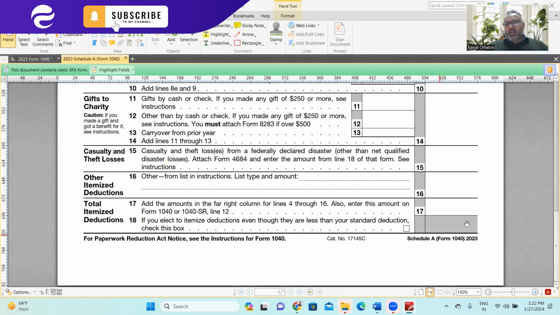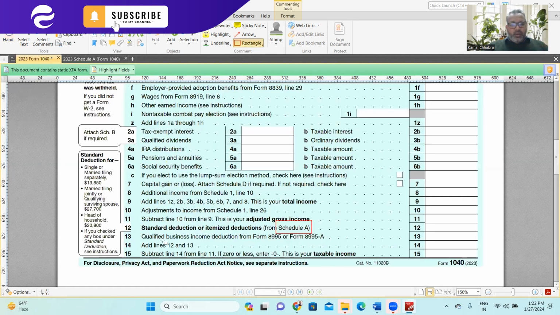Then it comes under the total itemized deduction. This total you need to mention here in row number 12, itemized deduction, right? So this should be tied to Schedule A.